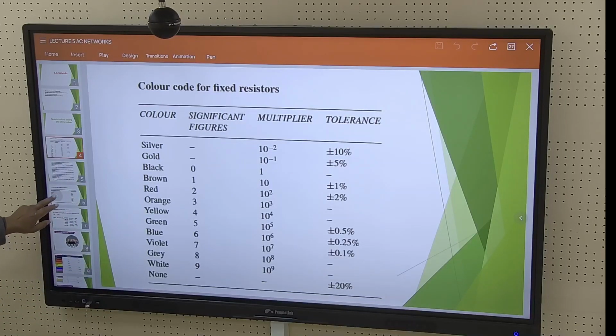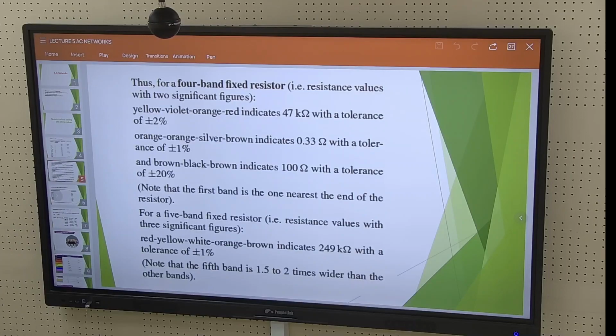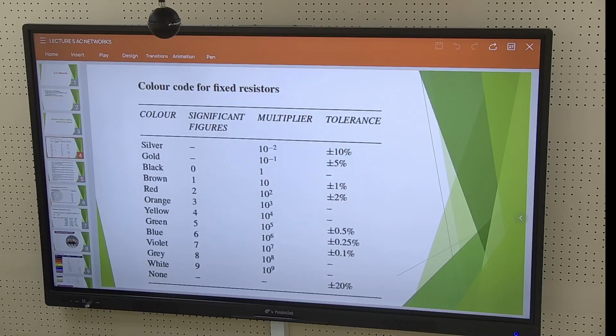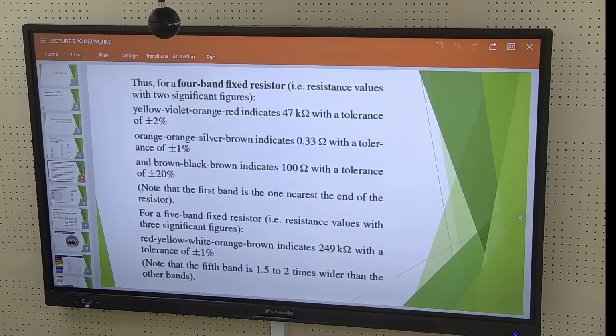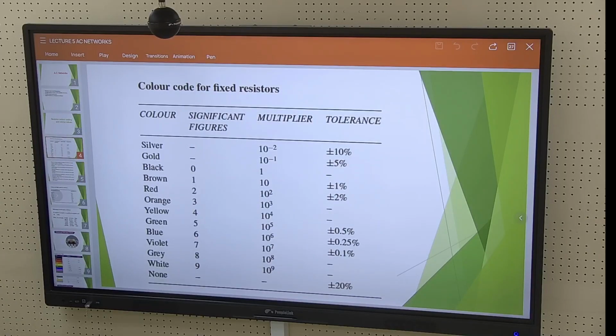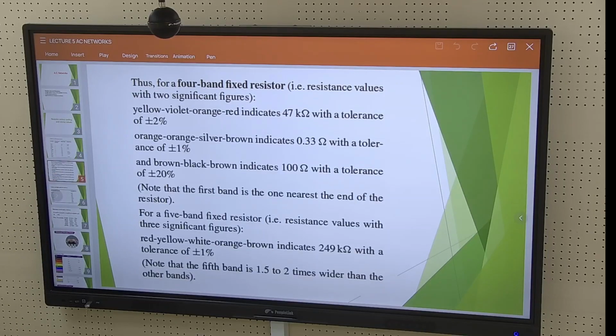Then orange is 10 power 3, and the first one is yellow, violet. Yellow is 4 and violet is 7. So you get 4.7 kilo ohm.